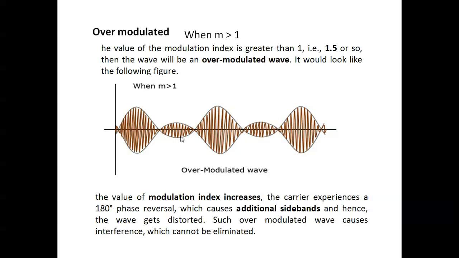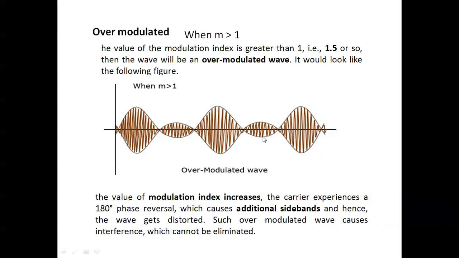Over modulation is when the modulation value is greater than 1, that means above 1, such as 1.5, 2, 3, whatever it may be. If the value is more than 1, then you get over modulation. Over modulation means there is an overlap between sidebands. So you get overlap between sidebands, that is called over modulation.